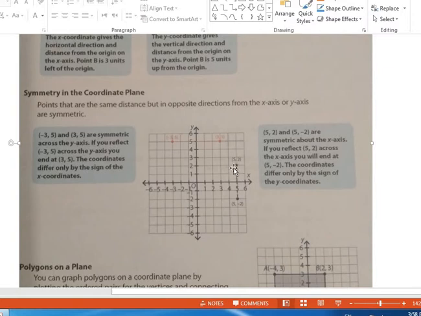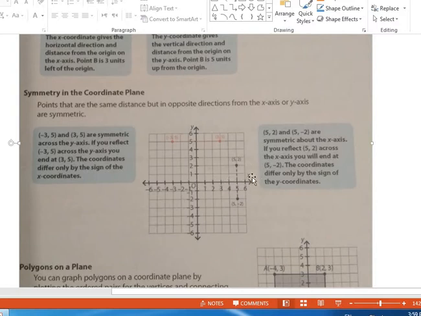Take (5, 2) and (5, -2). Here 5 and 2 refer to x and y. I start with x-axis 5, then go up to this point, this ordered pair. Then this ordered pair, (5, -2). They are symmetric about the x-axis.